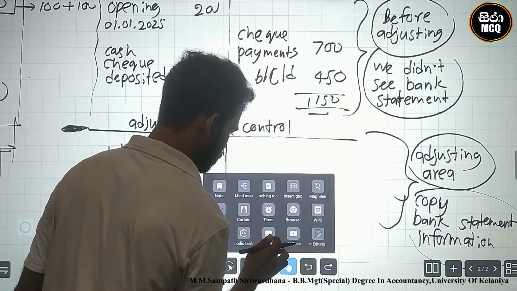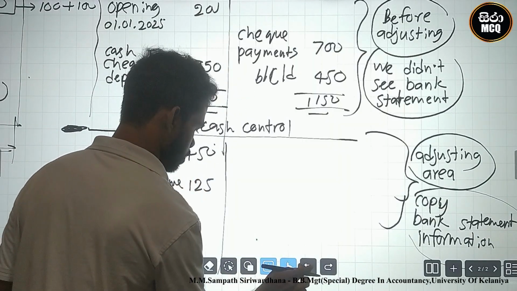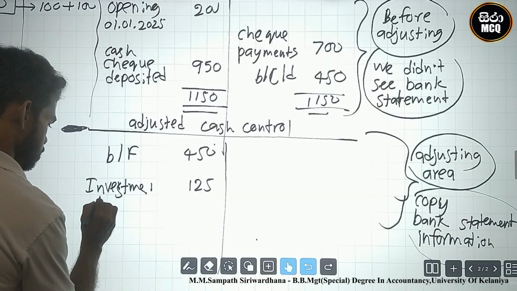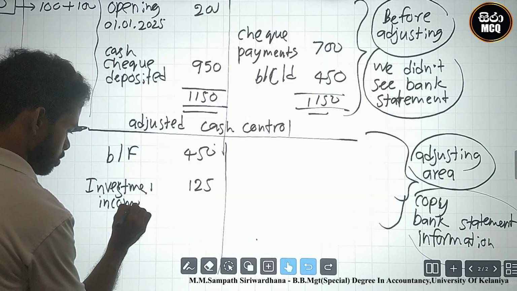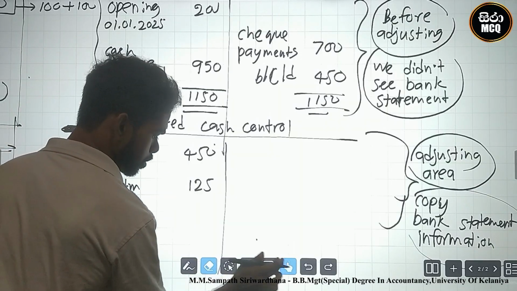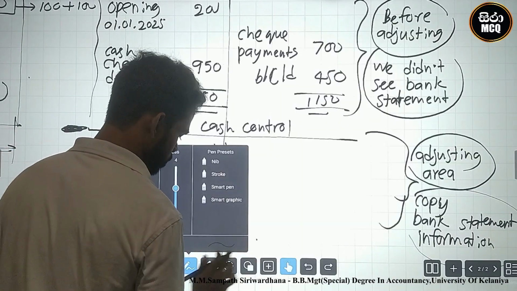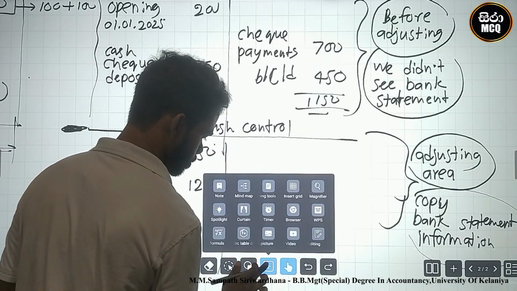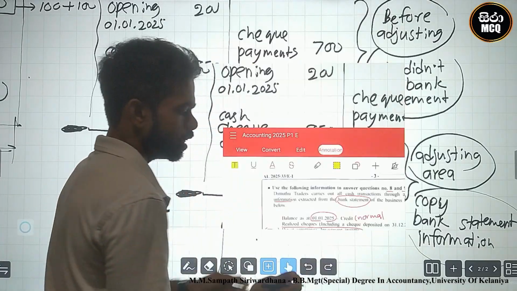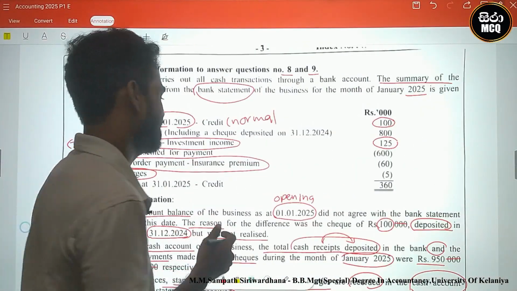okay. What is the second one? Investment income. Okay, let's go to the other one. Investment income should be cash receiving, you must debit.